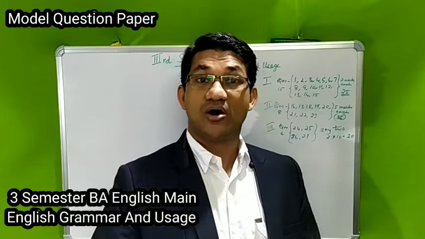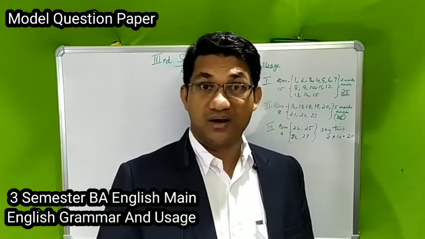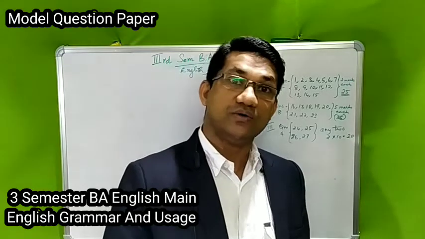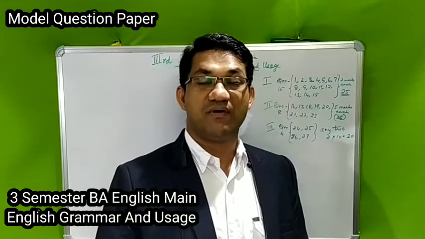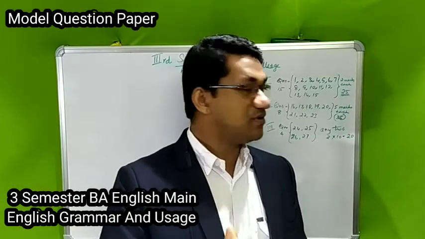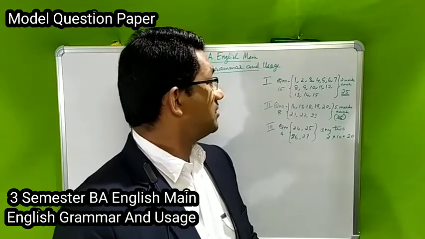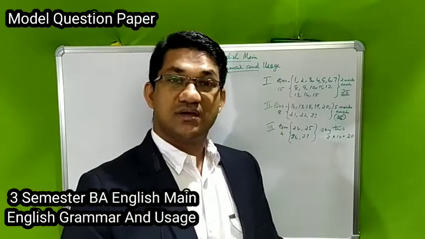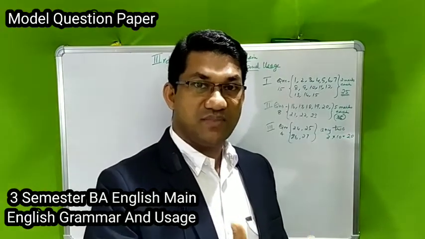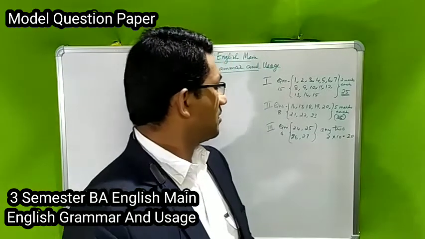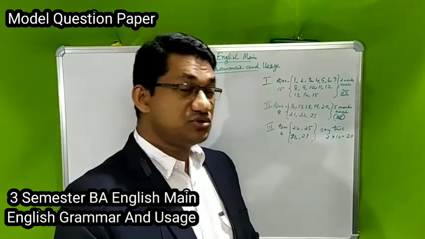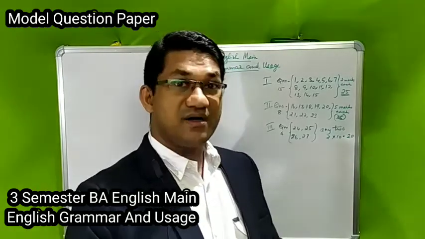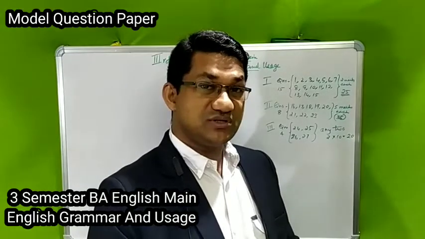But if he is not sure, he can answer all 8, and the maximum will be 35. So section A has 15 questions of 2 marks with a ceiling of 25, and section B has 8 questions with a maximum of 35 marks, each question carrying 5 marks.